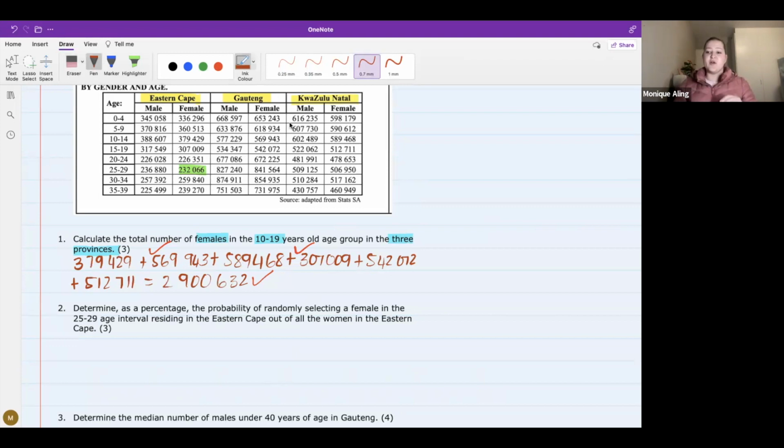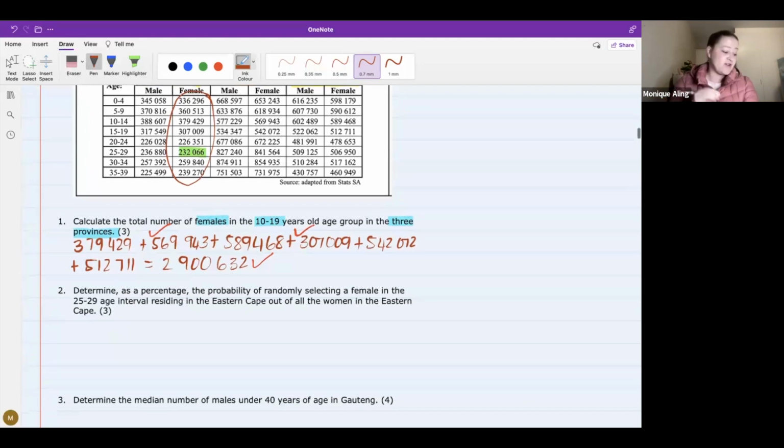In order to work out the percentage, we needed the total number of females in the Eastern Cape. So we have to take all these numbers and add them together. When you add all those numbers together, you should get an answer of 2,340,774. So that is our total. Whenever we need to work out a percentage, we take what we're looking for over the total and we times by 100.